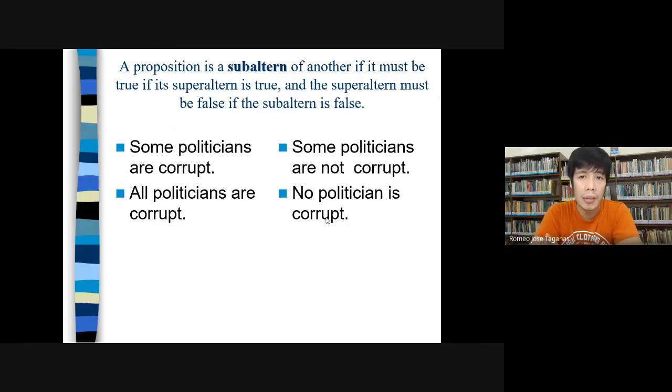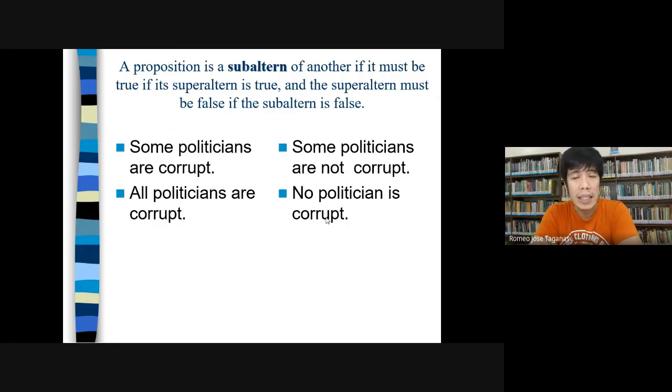Sa unang halimbawa, some politicians are corrupt. This is an I proposition. All politicians are corrupt. That is an A proposition. Ibig sabihin, pag tama ang superaltern, automatic, tama rin ang kanyang subaltern. Okay, another example. Some politicians are not corrupt, and no politician is corrupt. The first example is an O proposition, and the other example is an E proposition.